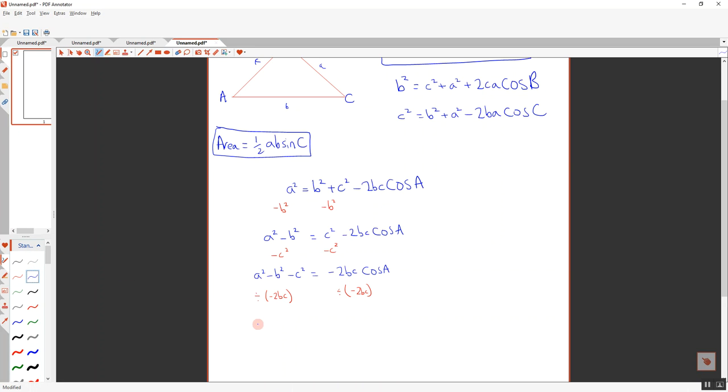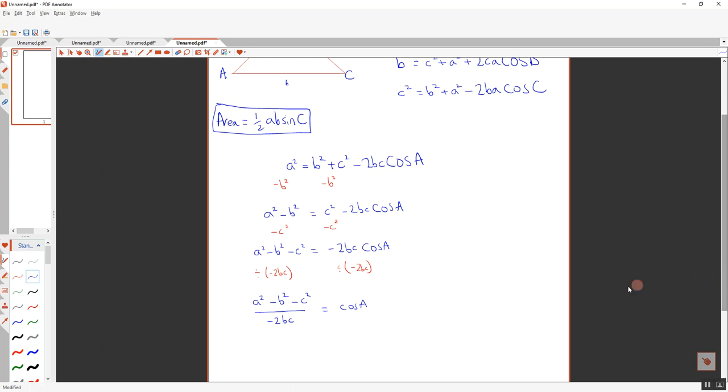So divide both sides by negative 2bc. That leaves me with a squared minus b squared minus c squared, divided by negative 2bc, and that equals cos of A. And I can tidy this up a little bit. Cos of A is equal to, now I'm dividing here by a negative number, negative 2. If I divide through by the negative, the negative b squared becomes positive b squared.